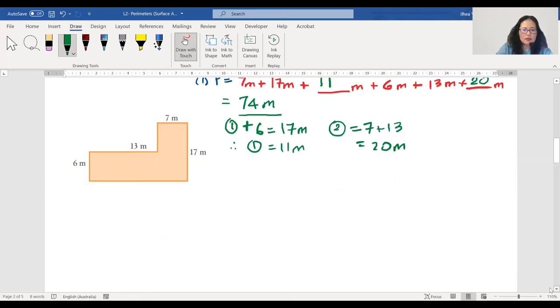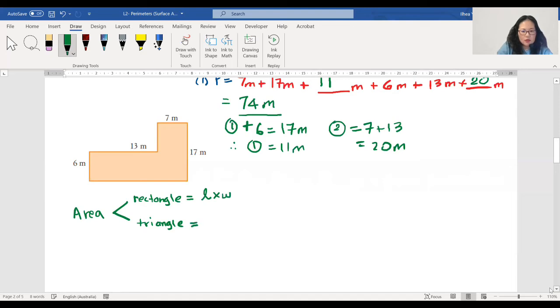Area, let's have a look at area. We can't really use any of area formula, because we got 2 area formula that we know of, isn't it? One is a rectangle. The area for rectangle was length times width, wasn't it?